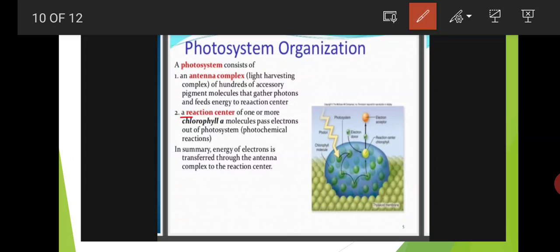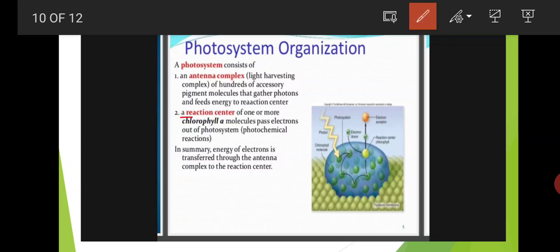In summary, the energy of electrons is transferred from the antenna complex to the reaction center.